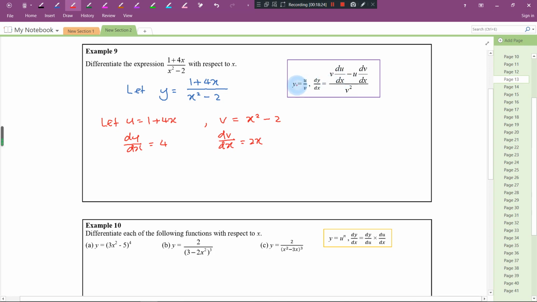According to this formula, if you have y is equal to u divided by v, then dy dx is equal to v, copy this one first, x squared minus 2 times du dx, 4, minus, copy u, which is this, multiplied by dv dx, which is 2x, over the whole thing here, the v, this whole thing, you need to square it.